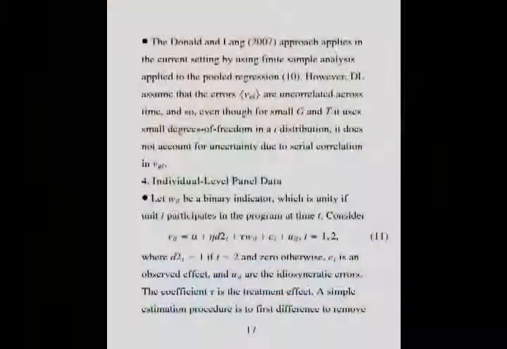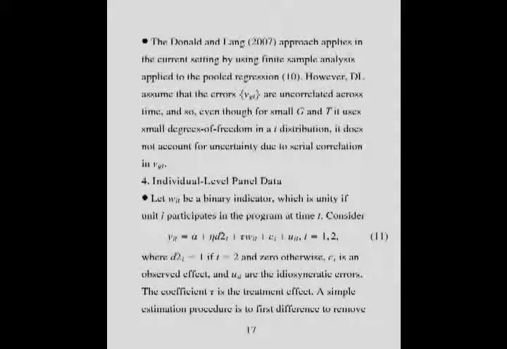Okay, let me just talk briefly about individual level panel data. I'll talk about this in a more sophisticated way in just a minute, but if you start with individual level panel data and just have two time periods, then this is a very common model where you explicitly have unobserved heterogeneity and then you have the binary treatment.